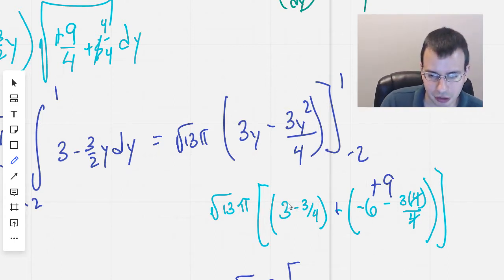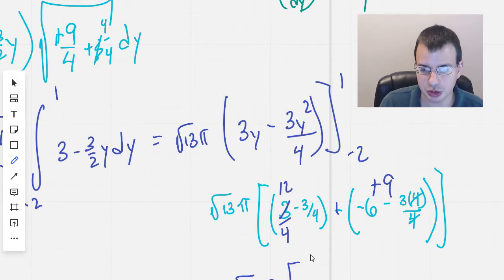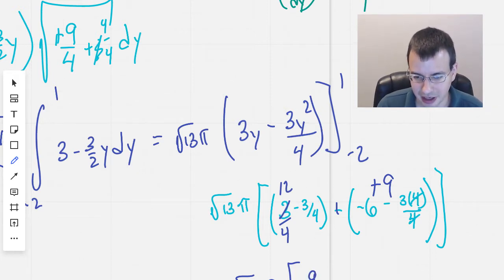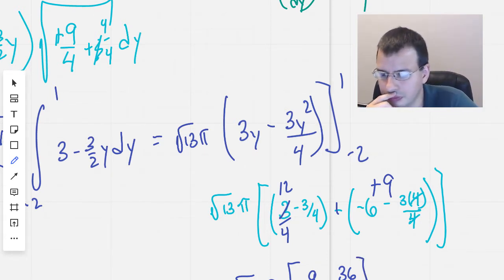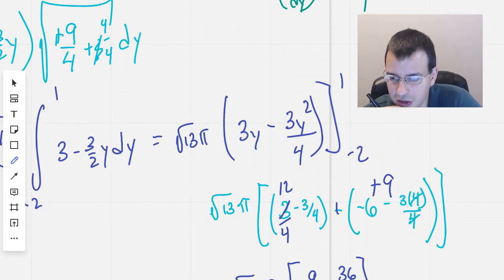So if we multiply 3 by 4, we have 12. So this would be 12 fourths. 12 minus 3 is 9. So we have 9 fourths plus 9. 9 in fourths is 36 over 4. This looks suspiciously round. Nope, no it doesn't.